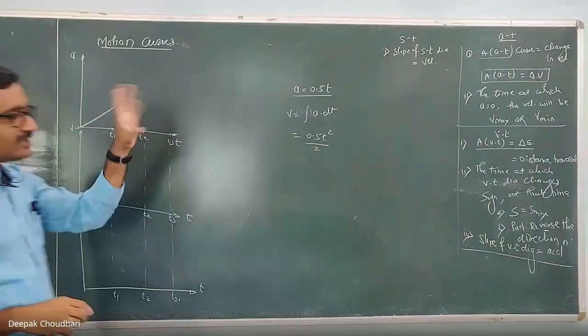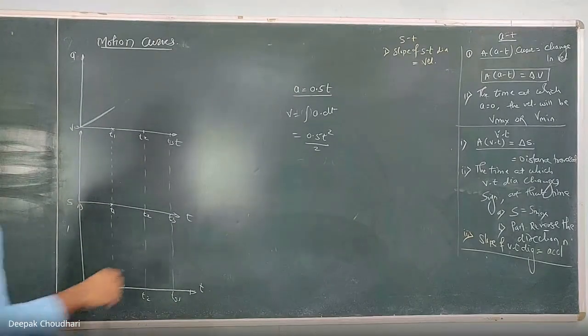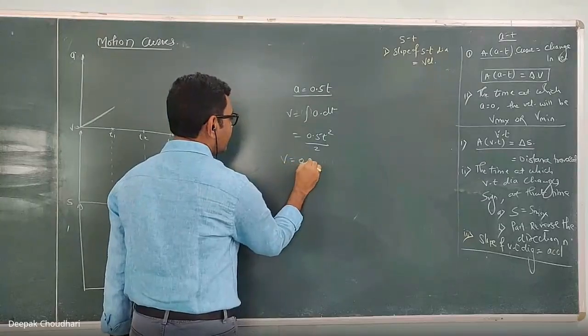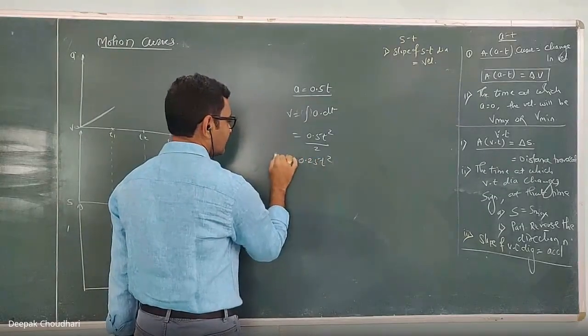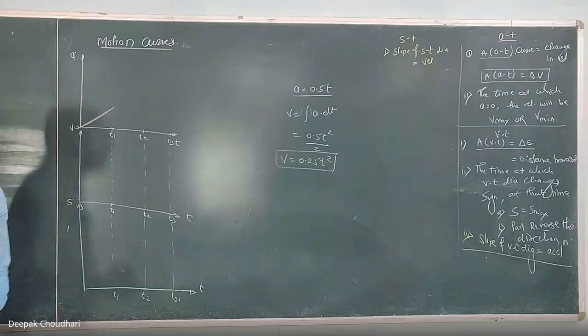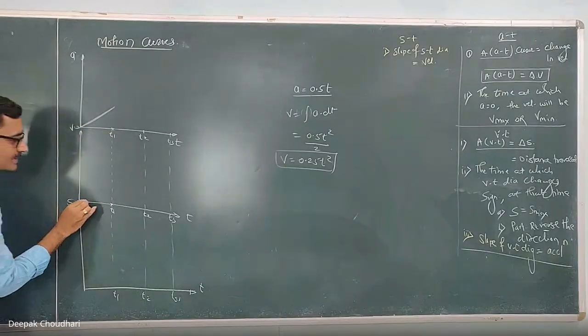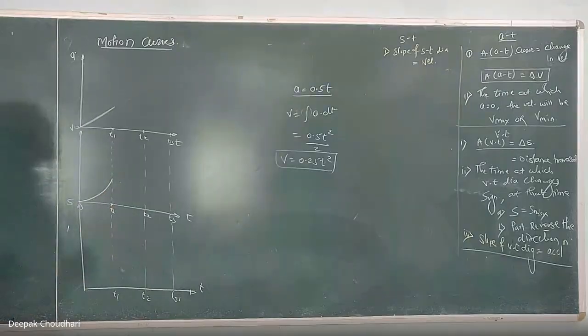Plus some constant of integration, and let's assume that it is 0. So this becomes the equation of the VT curve. Clear? When the AT diagram is a linear curve, the corresponding VT diagram will be a second degree equation, or a parabola.